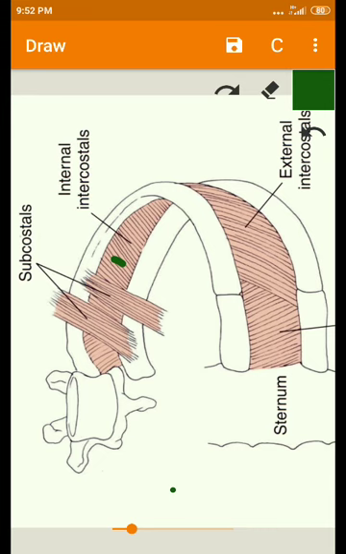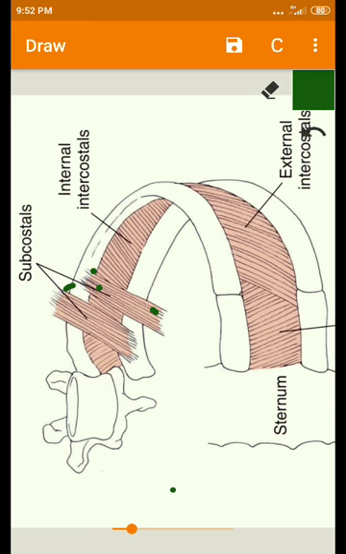Now another muscle we can see here is the subcostalis muscle. This subcostalis muscle is also having an important function in quiet inspiration, which is present on the posterior aspect of the rib cage, on the anterior aspect of the posterior part of the rib cages.